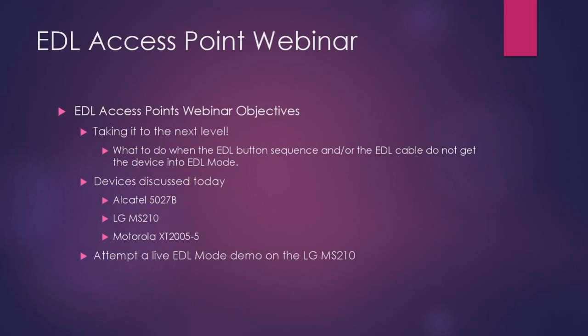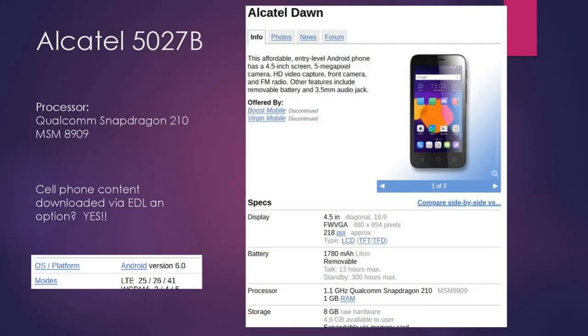All right, so our first device is an Alcatel 5027B. I've got a screenshot here from Phone Scoop that tells me a little bit about the device. One thing I am interested in is the type of processor. This device has a Snapdragon 210 and an MSM 8909 CPU.